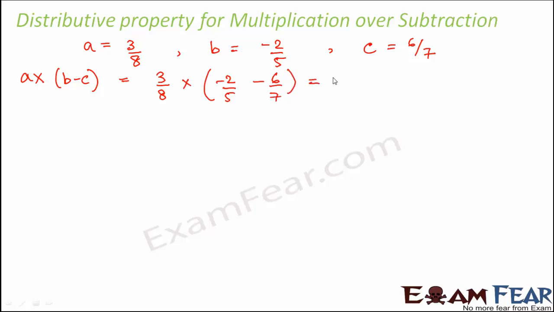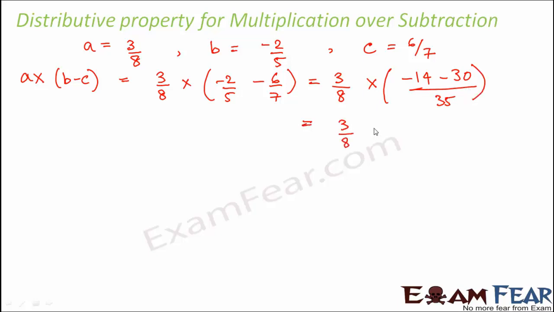So this can be written as 3 by 8 into minus 14 minus 30 divided by 35, and this value comes out to be 3 by 8 into minus 44 by 35. So this comes out to be minus 33 by 70.